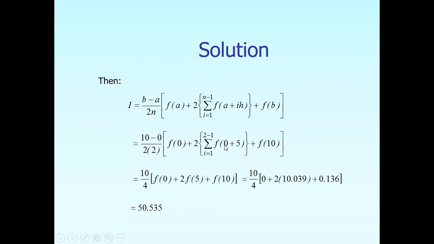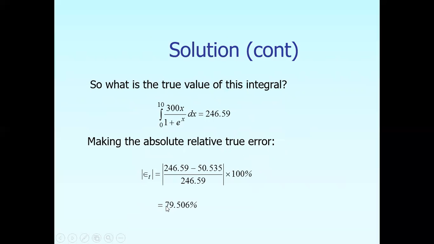A plus ih means 0 plus 5. f of 0 is 0, plus 2 into f of 5, 2 into 10.039, plus 0.136. Then we can find this value, that is the area under this curve, 50.535.